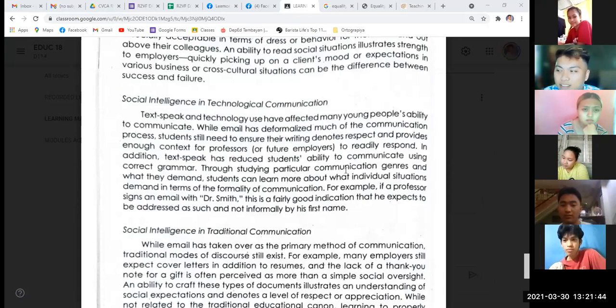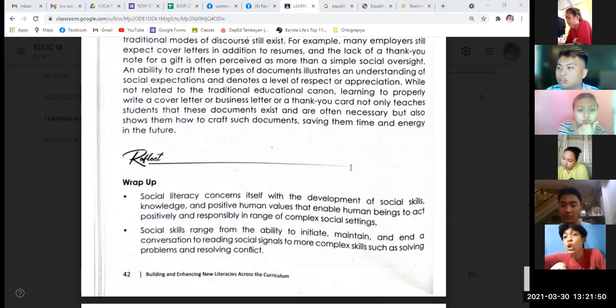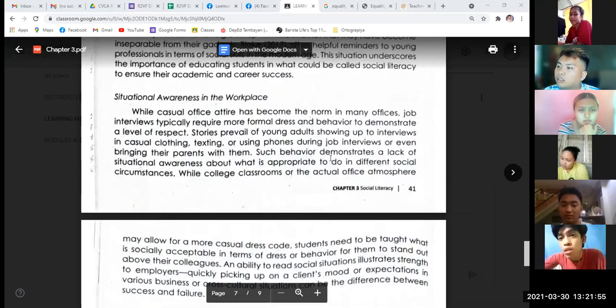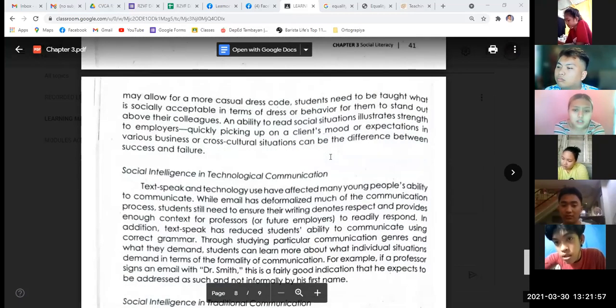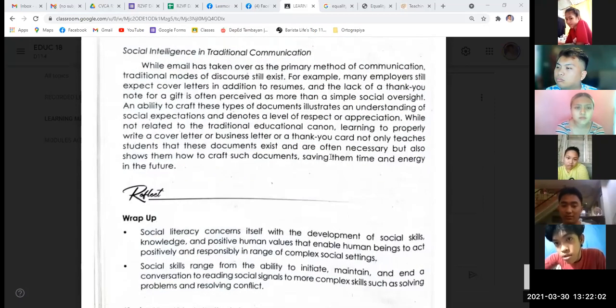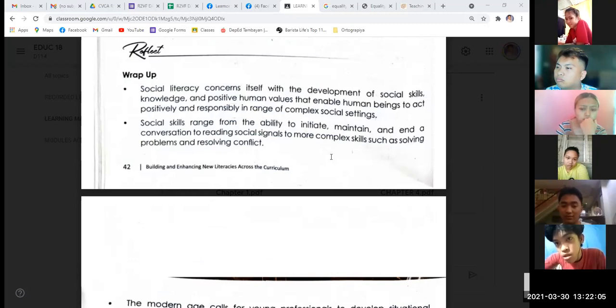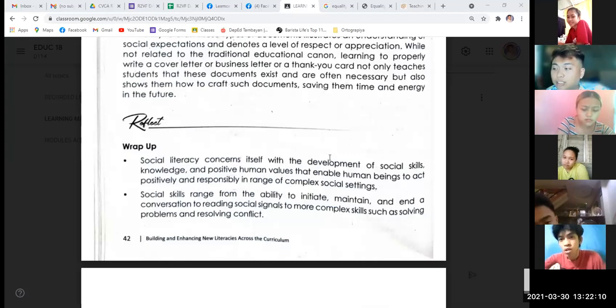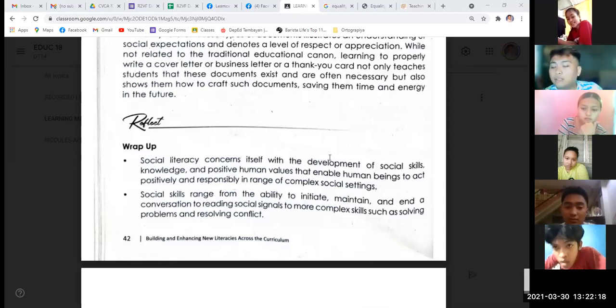And of course, there are different ways on how we talk with our people right now. Okay, when we are referring to social literacy, to wrap it up, social literacy concerns itself with the developments of social skills, knowledge, and positive human values that enable human beings to act positively and responsibly in range of complex social settings.